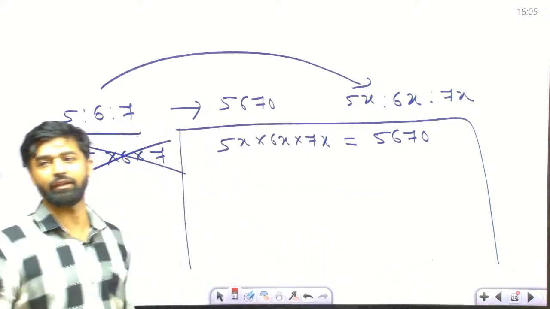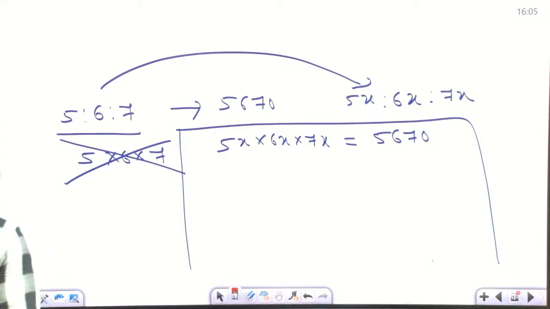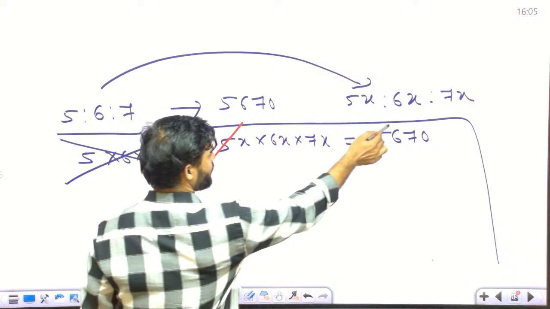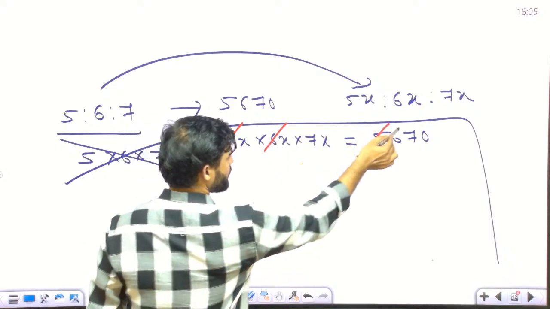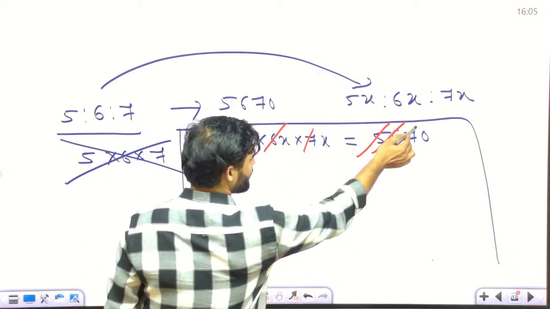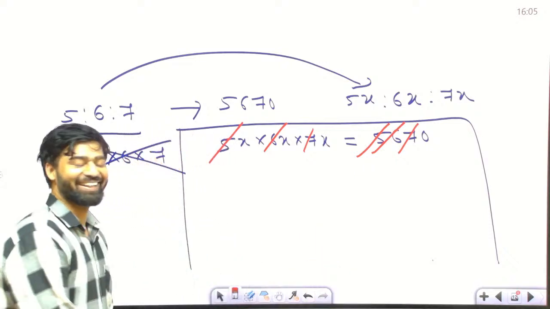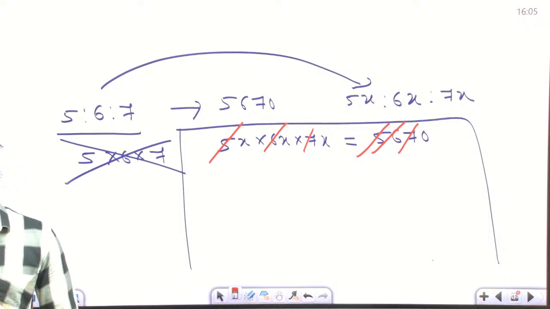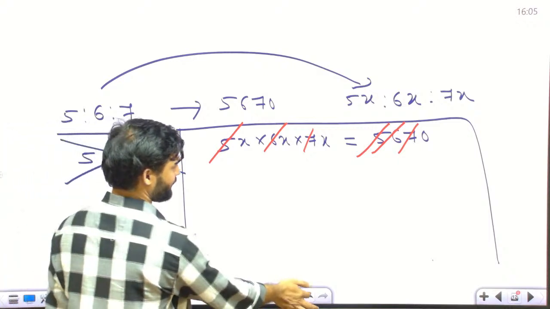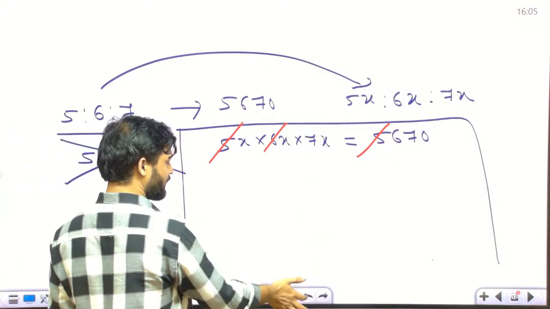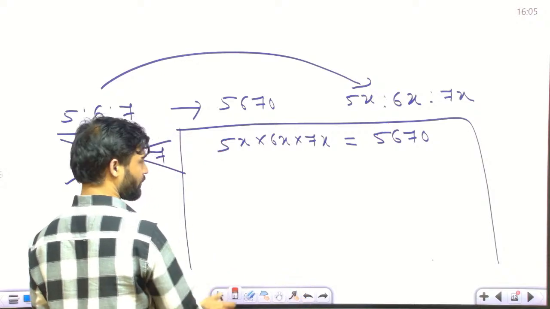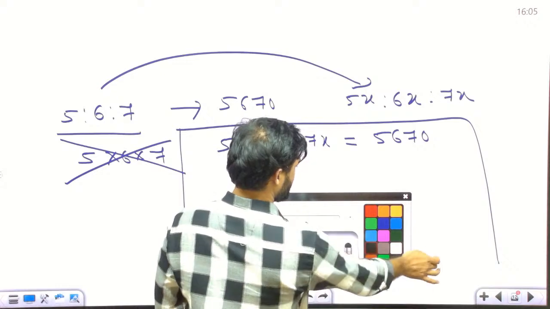When you are in a hurry in the exam, don't do these kind of things like multiplying out 5, 6, 7, and then x cube will be that big number and you will be stuck. No, there is no need. Numbers are arranged like this so that you will be confused, but we don't have to multiply that.